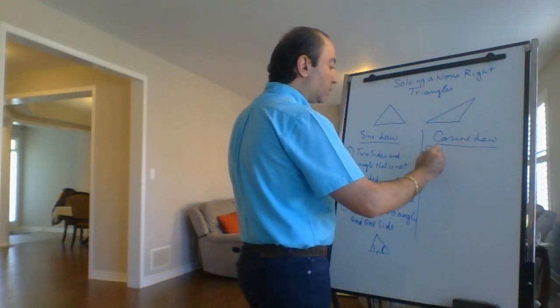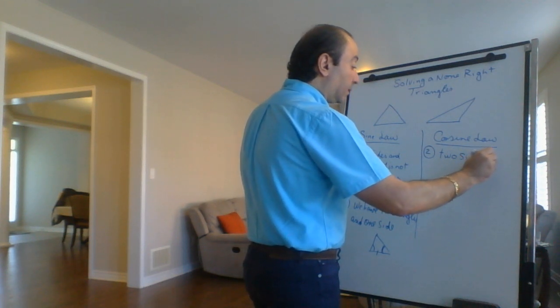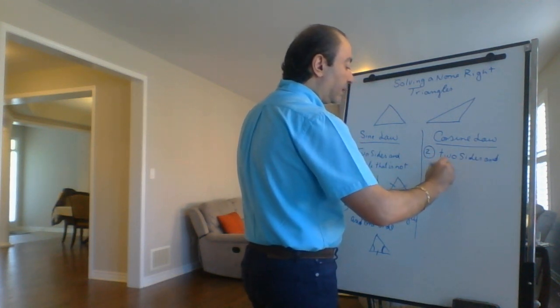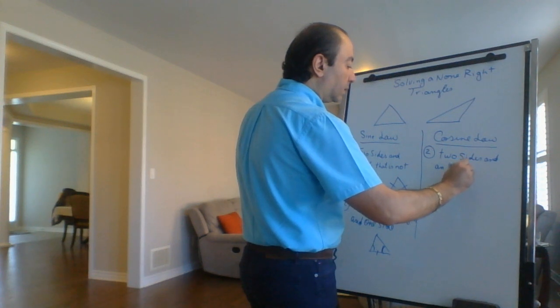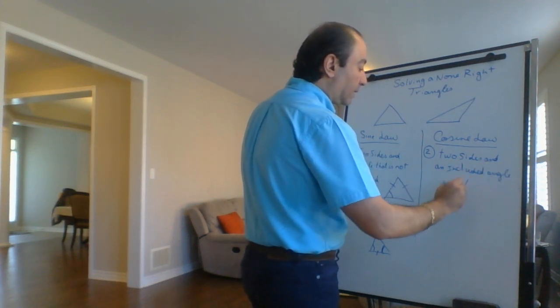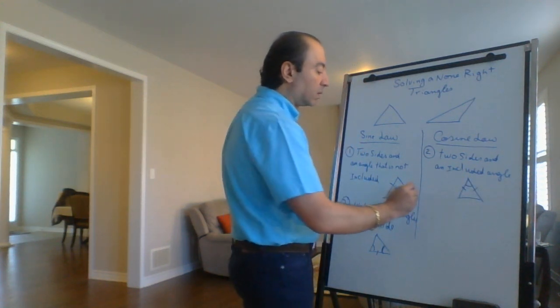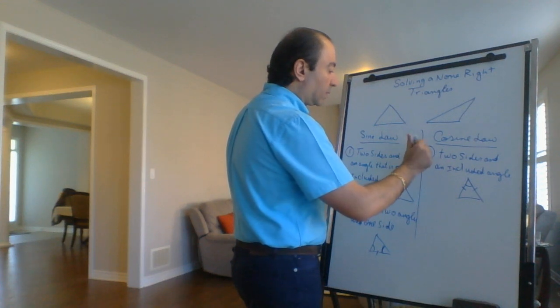Okay, so when we use cosine law, if we know two sides and an included angle, so in case we have two sides and the angle between them, we use cosine law. So this is the first one.